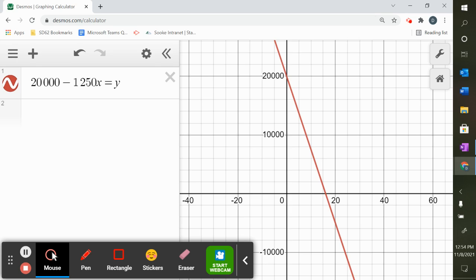Zoom out, sorry. Oh, well, that's your answer.